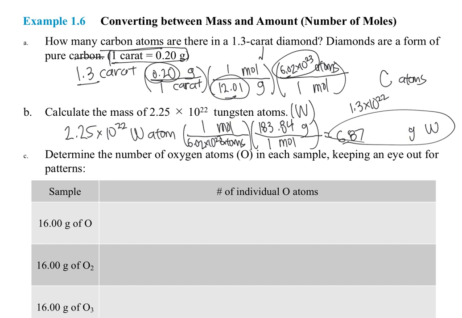Now, if you got some really, really large number, like 10 to the 45 or higher, that's because your Avogadro's number was not fully in parentheses, so make sure you do that.